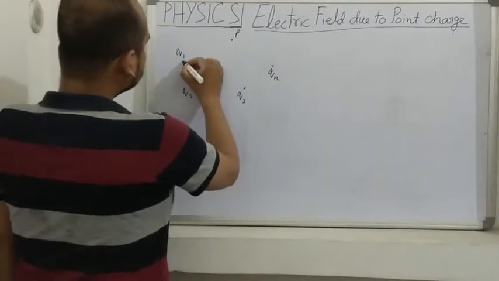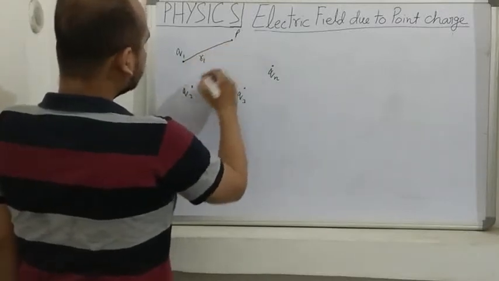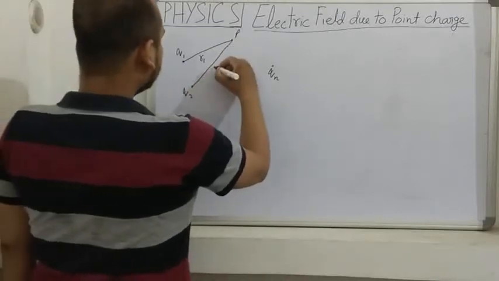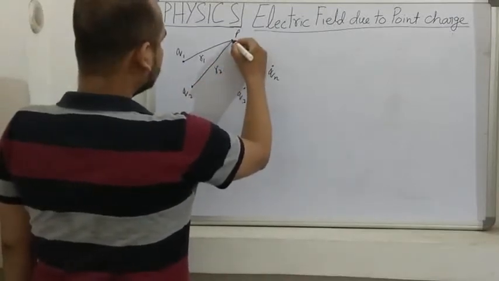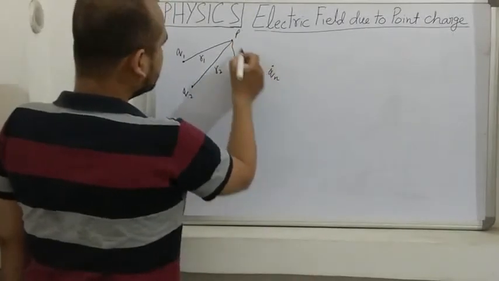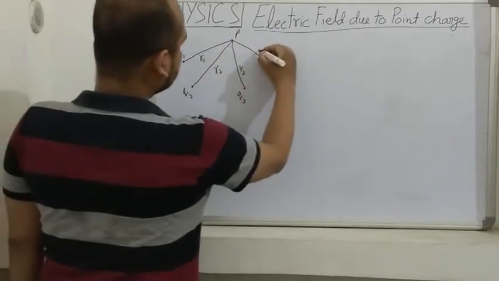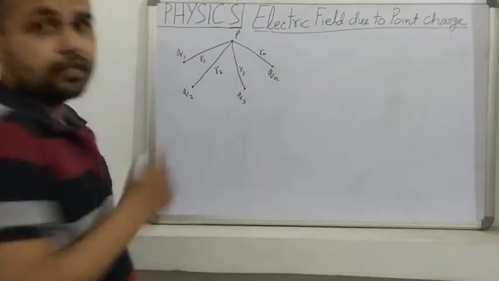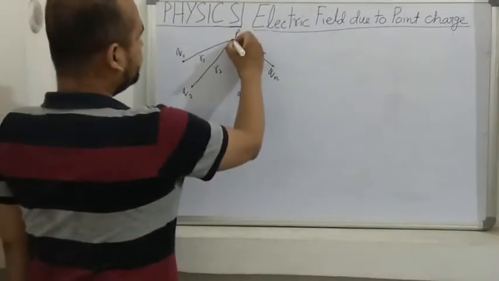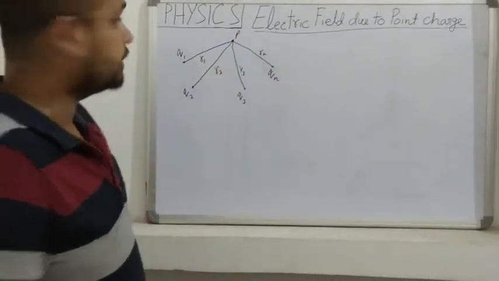Charge Q1 is at a distance R1 from this point P, charge Q2 is at a distance R2, Q3 is at a distance R3, and Qn is at a distance Rn. How will we find the net electric field at this point P due to all these charges? We are going to see that.